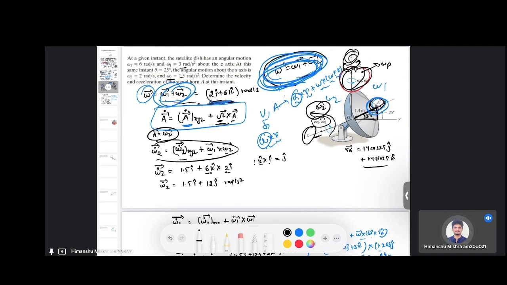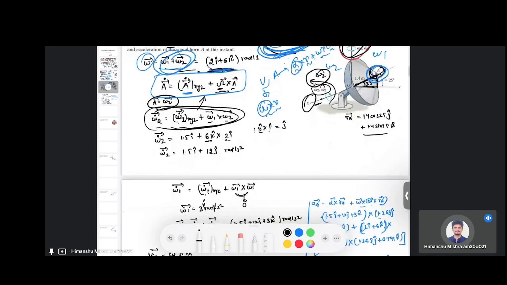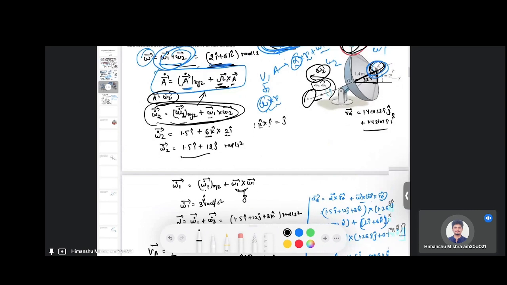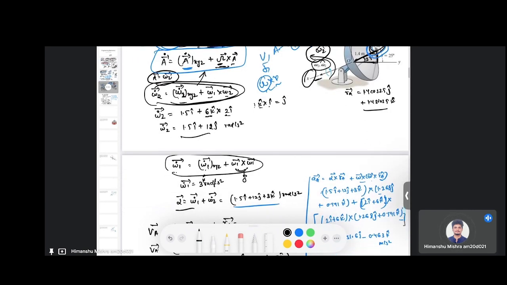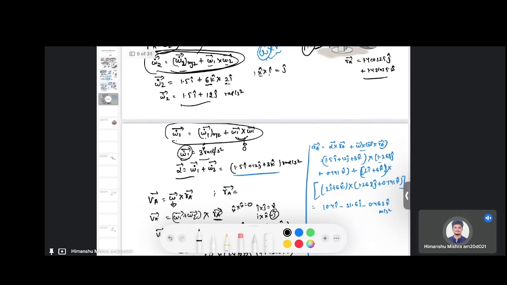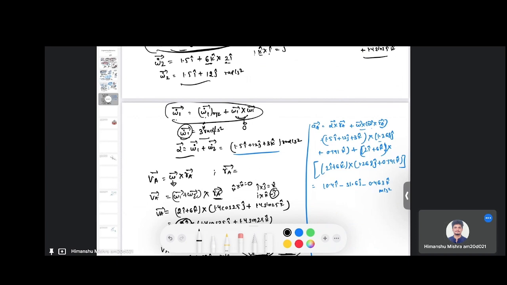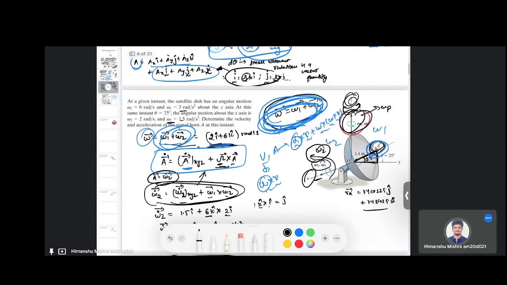First we consider omega 2, and use this equation to write down omega dot 2, and we got that. Using the same equation we calculated omega dot 1, and found that omega dot 1 is just 3 rad per second square in the z direction. Then using omega dot 1 and omega dot 2, we calculate angular acceleration alpha, when you take the time derivative of this expression.